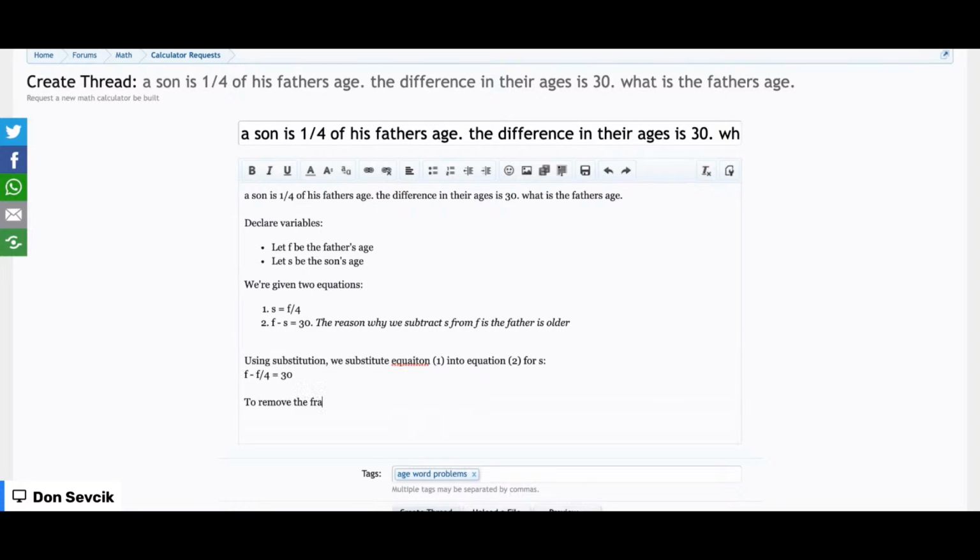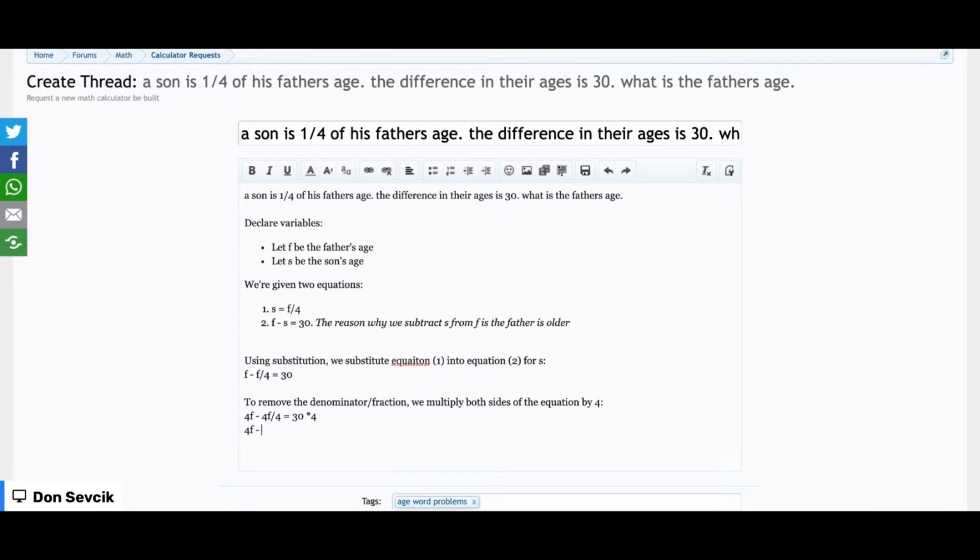To remove the denominator fraction, we multiply both sides of the equation by 4. So we have 4F minus 4F over 4 equals 30 times 4. 4F minus F, because the 4's cancel here, equals 120. 4F minus F is really 3F equals 120.